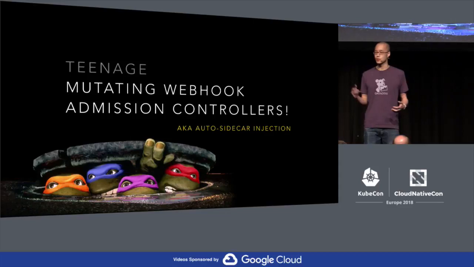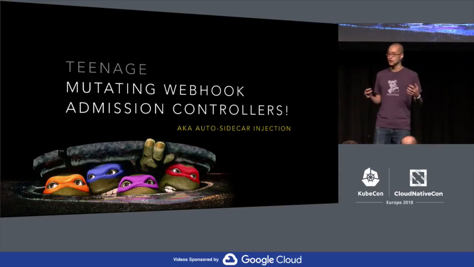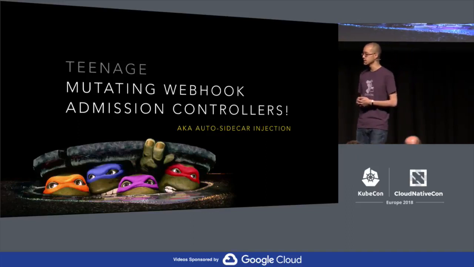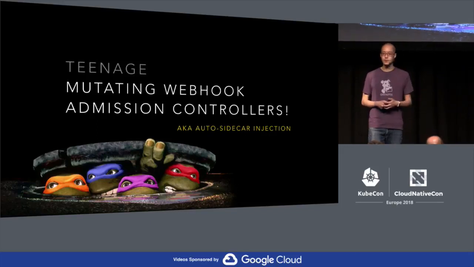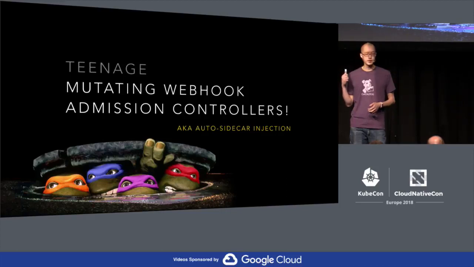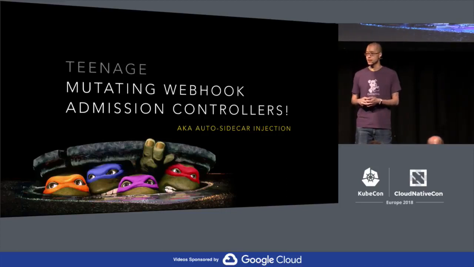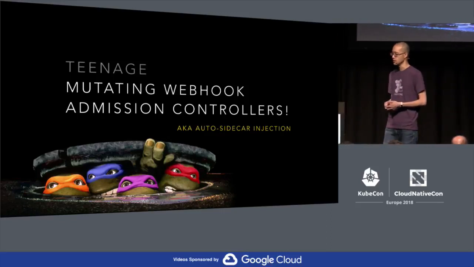So the cool thing is, if you make use of this, all you have to do is label your deployments, and it'll look for that label and then automatically modify things and add Istio there, or essentially add that Envoy sidecar. This is beta with Kubernetes 1.9, when this came out. So it's still being worked on, but it's surprisingly stable from what I've been using it for and playing around with it.